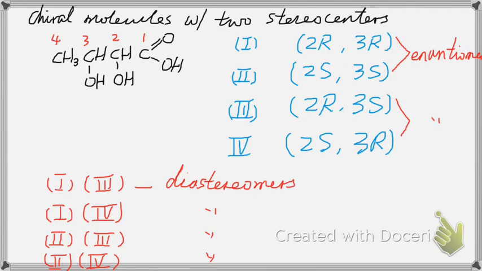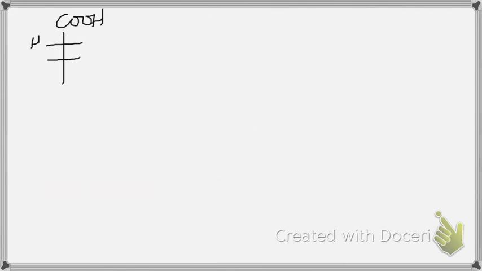For molecules with more than one chiral center, if one or more chiral centers have the same configuration, and one or more chiral centers have different configuration, they are diastereomers. Okay, and in our case here, two stereocenters. One is the same, the other is the opposite. Their relationship will be diastereomers.